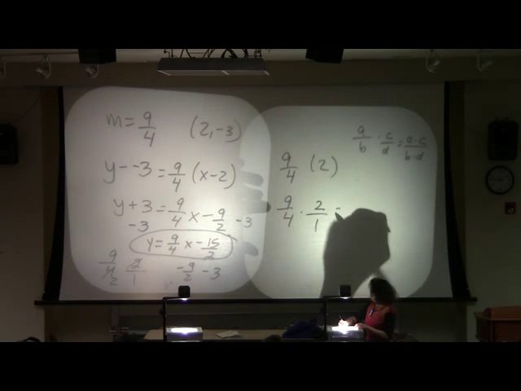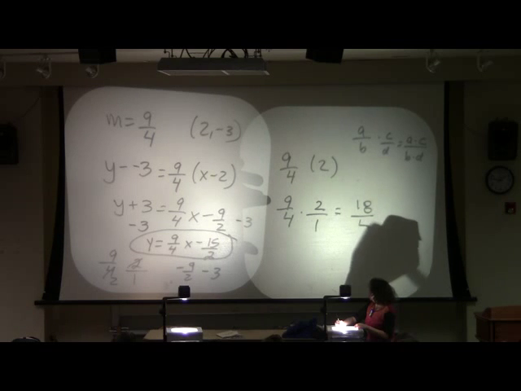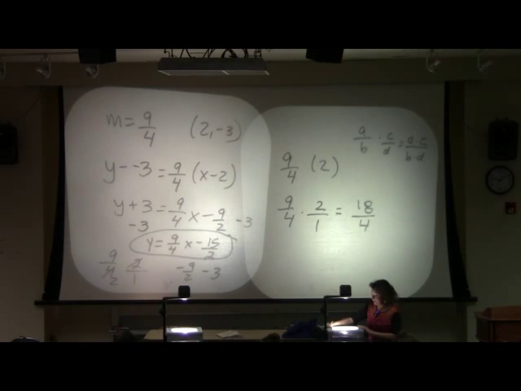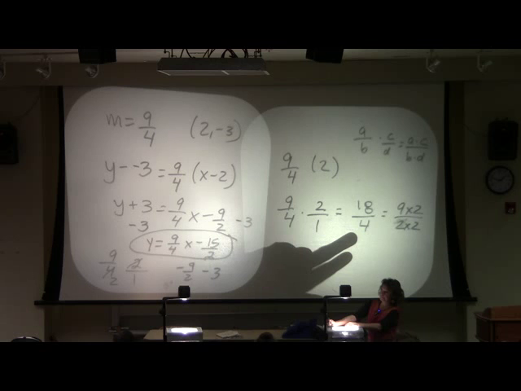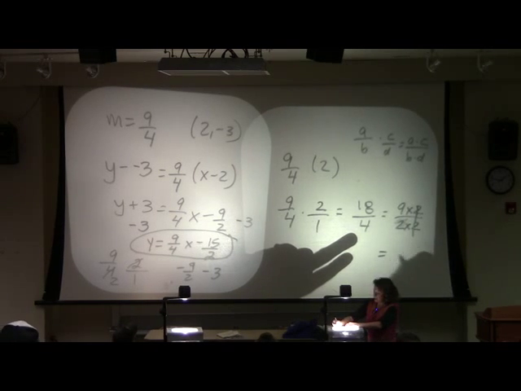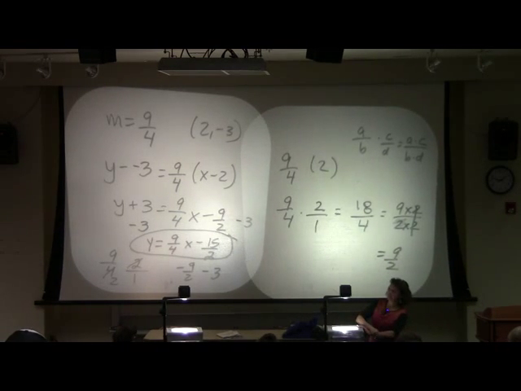Okay? So, do you agree I have 18/4? Now, I can simplify this because 18 is 9 times 2 and 4 is 2 times 2. Conk! 9/2. Does that help? Yes. Cool. I love fractions.